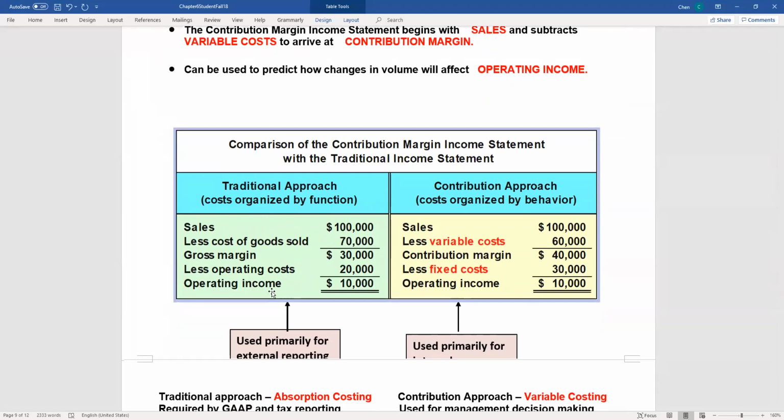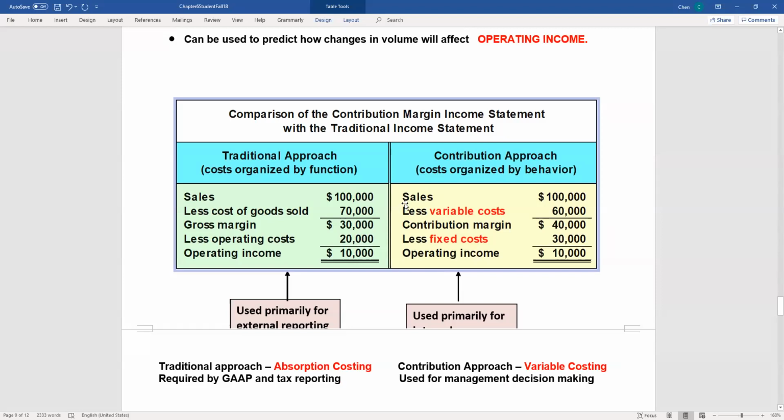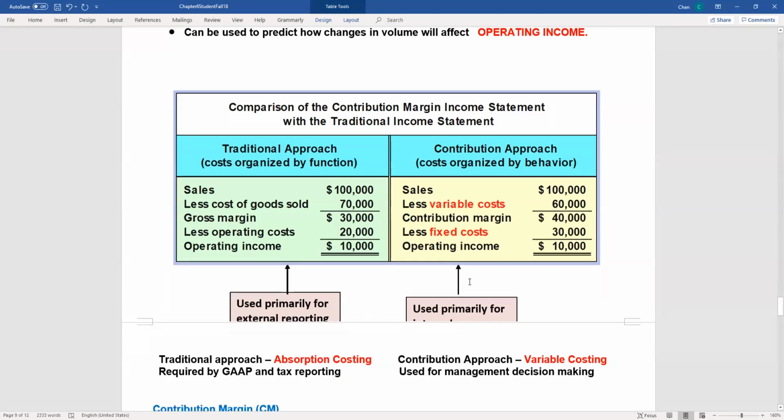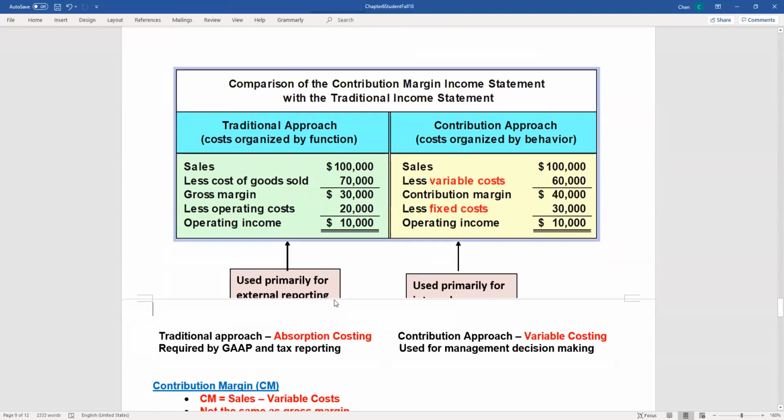But for the contribution approach income statement, we start with sales, which is the same, but we do variable costs first, and then we get the contribution margin. The contribution margin means how much you get after you cover all these variable costs. And then we do fixed costs, and then we have operating income.